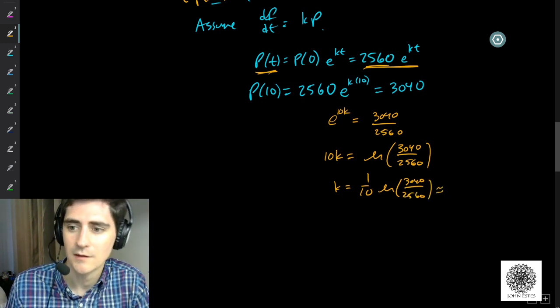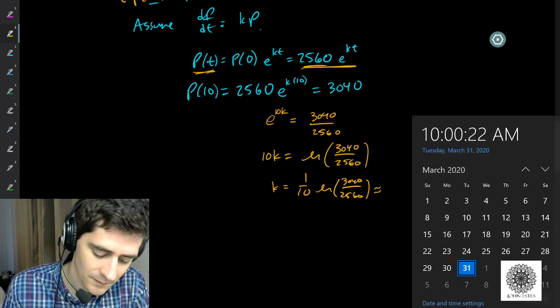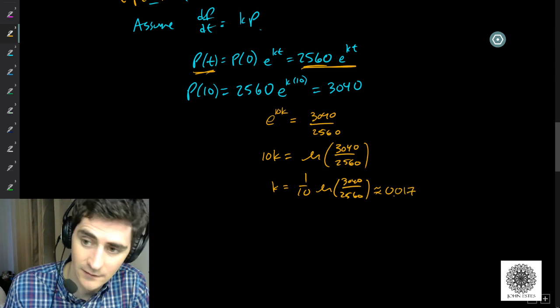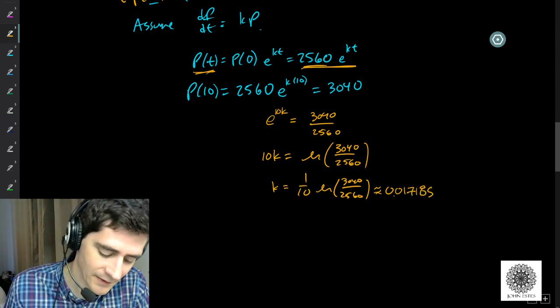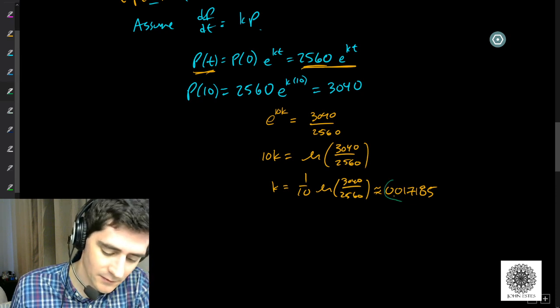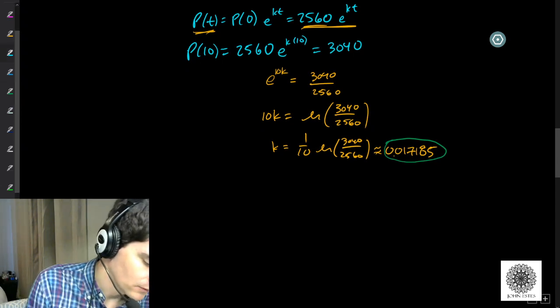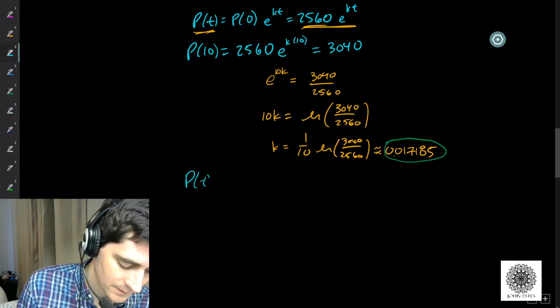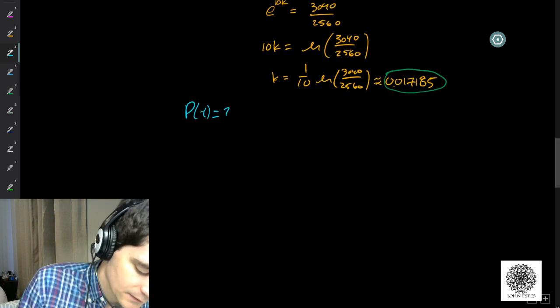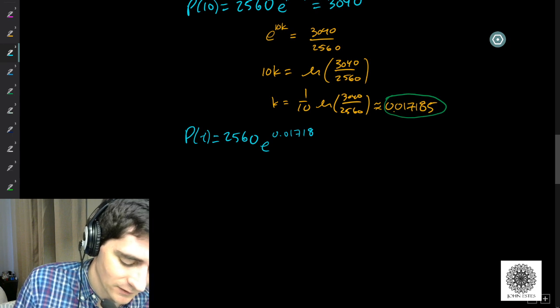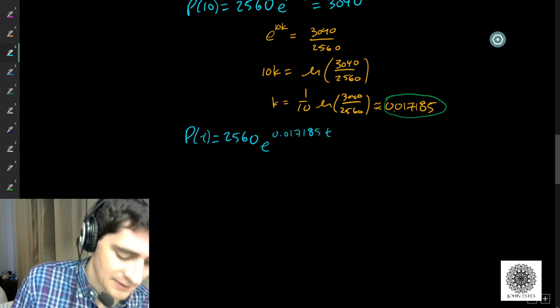And if you put that in a calculator, you should get, and I'm just copying the book's notes here, 0.017185. That is my value of k. So that tells me then that my actual model, the actual function, P(t), is 2,560 e^(0.017185 t).